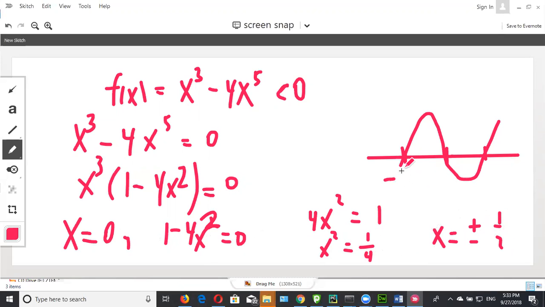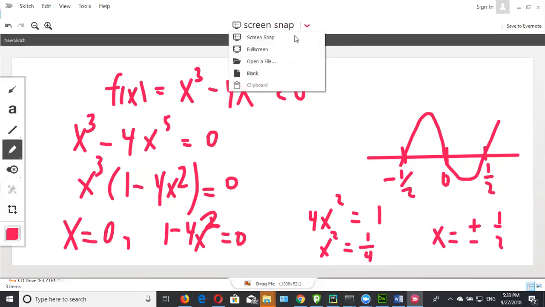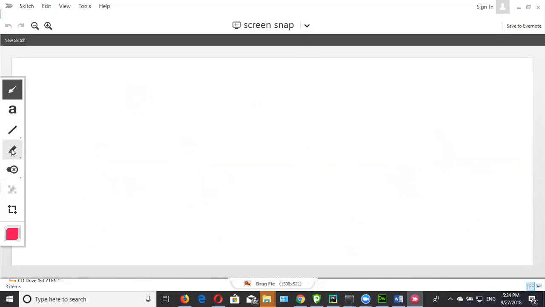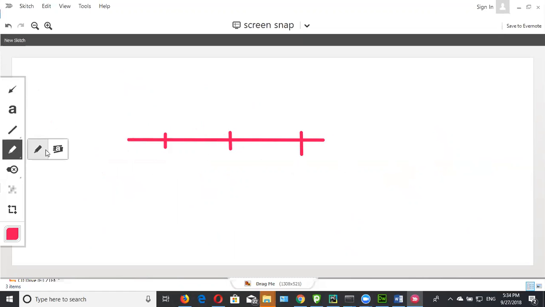Maybe if this were the graph, then these would be the zeros. So we want to find whether the graph is positive or negative in each of the regions. That was just a rough sketch, not the actual graph, but we're now going to find where the function is actually below 0 or above 0.